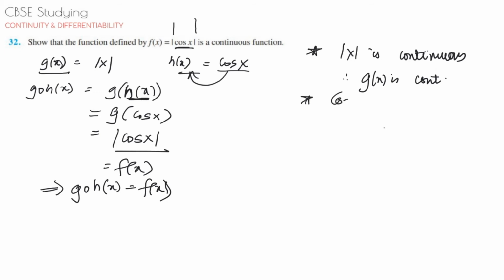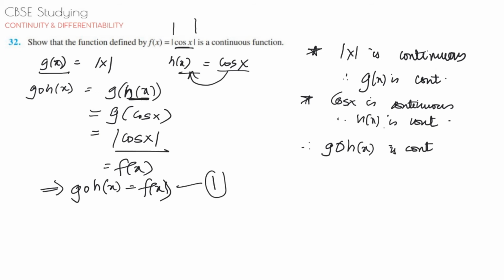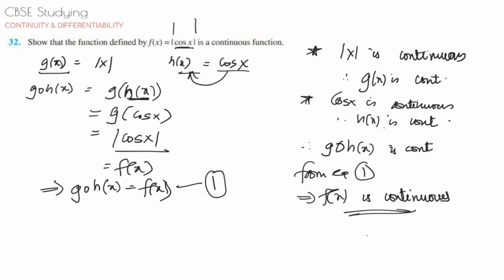Next, cos x is a continuous function. Therefore, h of x is also continuous. Therefore, we can say that g of h of x is continuous. If I make this equation number 1, then from equation number 1, we can say that f of x is continuous. That's about it.